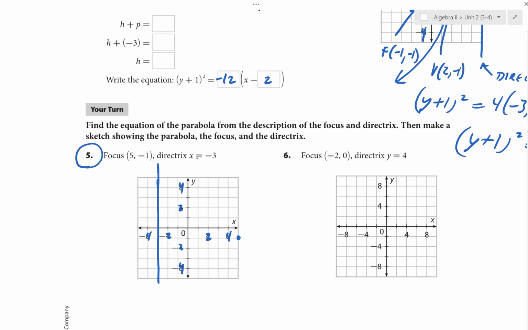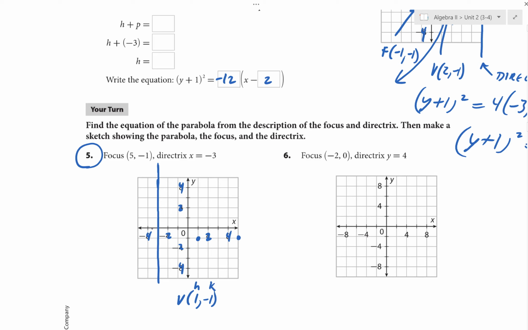And the point that's halfway between them would be the average of 5 and -3. That is 1. And so the vertex is right there at (1, -1). And it's useful to write that down because when we go to write our equation, we have those x and y coordinates to look at because that's h and that's k.